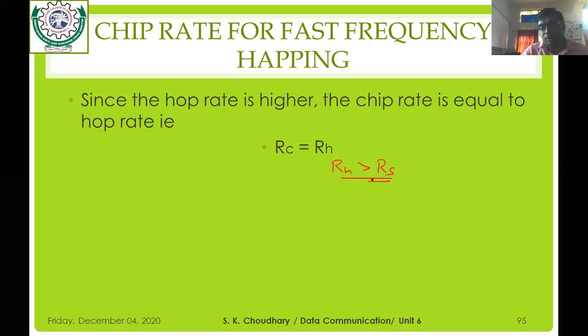Chip rate is equal to symbol rate in slow frequency hopping. In fast frequency hopping, chip rate is equal to hop rate, and hop rate is greater than the symbol rate. So that is also a relationship. Then, in slow hopping the same carrier frequency is used to transmit one or more symbols, while in fast hopping one symbol is transmitted with the help of multiple frequencies or different hops. A jammer can detect the slow frequency hopping signal, but the jammer can't detect the fast frequency hopping signal. So these are some comparisons.